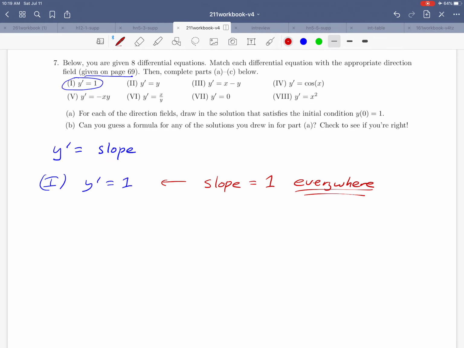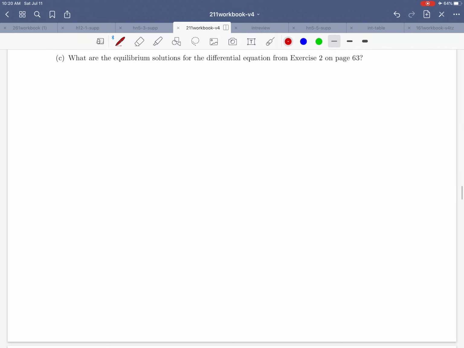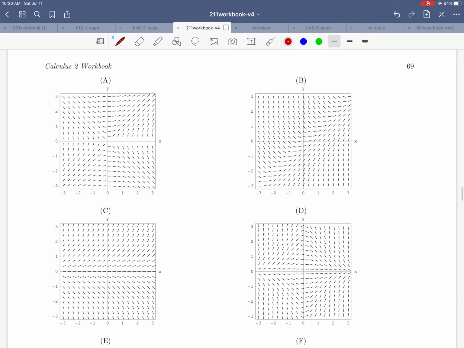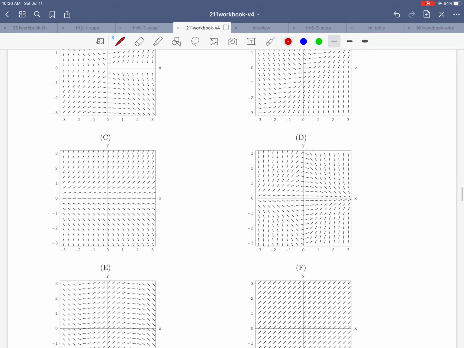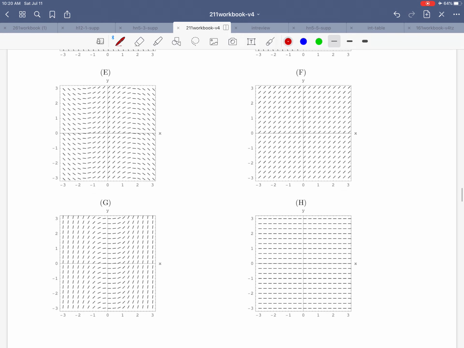So with that in mind, let's look at our pictures and see if we can pick one out that kind of has that property. As we do a tour through these, do you see a slope field among those 8 that fit that description? We get the same slope everywhere, and its number could be positive 1. One that kind of jumps out at me is F here.